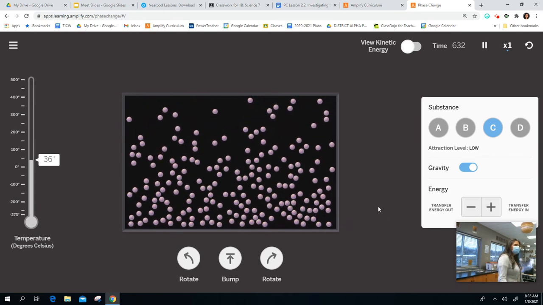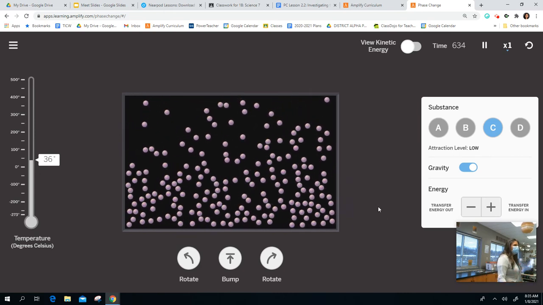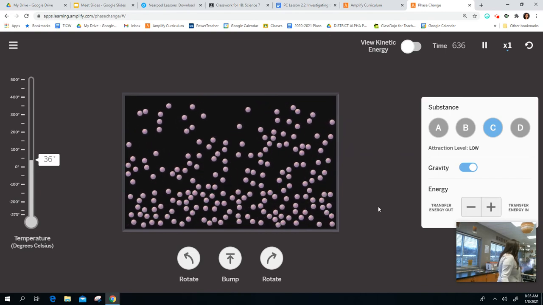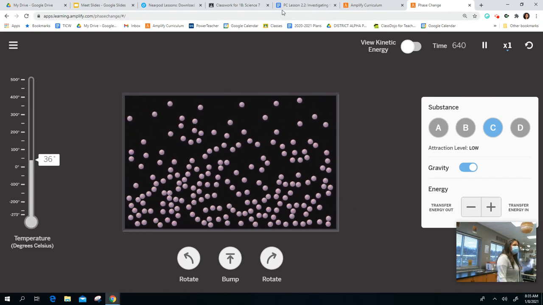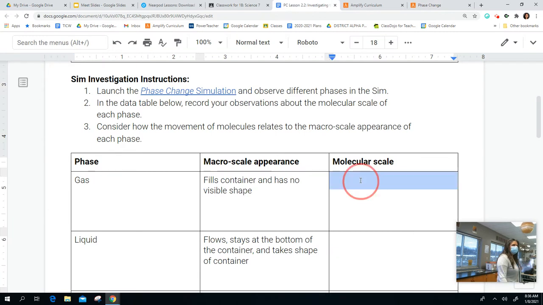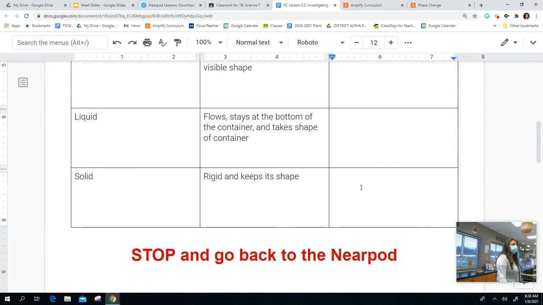So can somebody give me a description of how they're moving? Awesome. Bouncing off of each other everywhere. So that's what you would type in the molecular scale box. Okay? And then do the same thing for the liquid and the solid. When you're done, go back to the Nearpod.